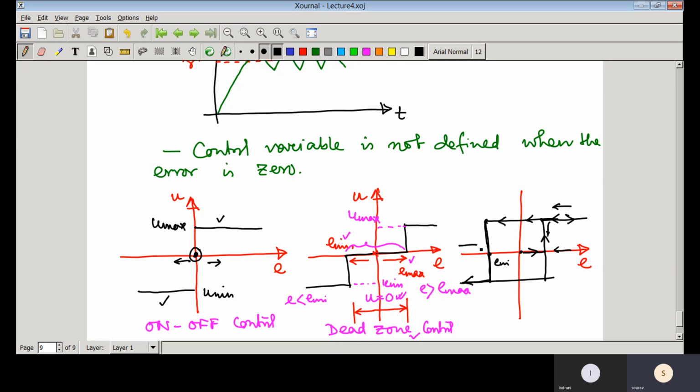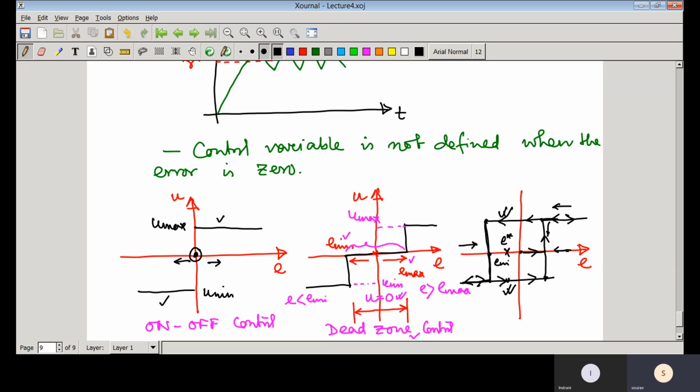Then again suppose error is increasing, so when error is increasing, it follows this path and finally it jumps here. So whenever your error is, say, E star, you may ask a question, what would be that value? So it may take this value or it may take that value.